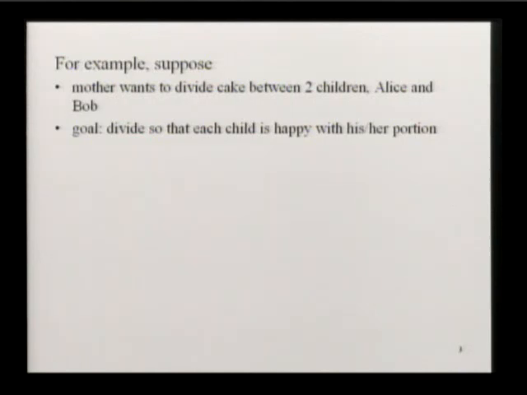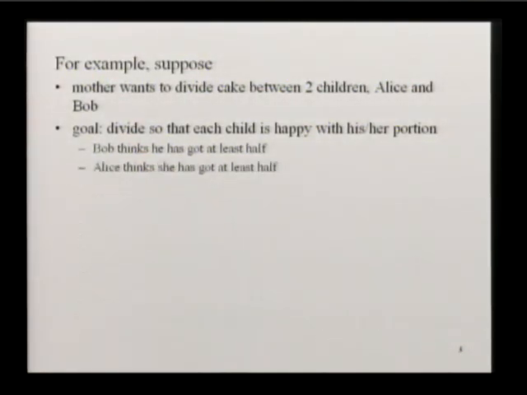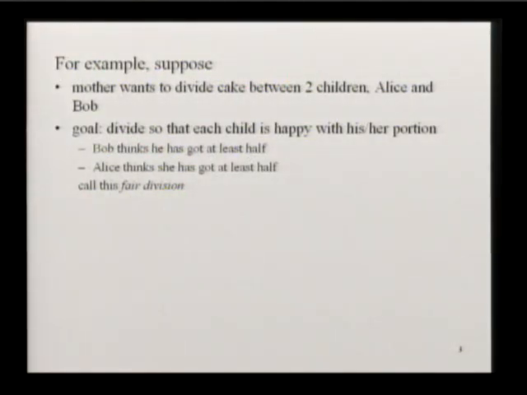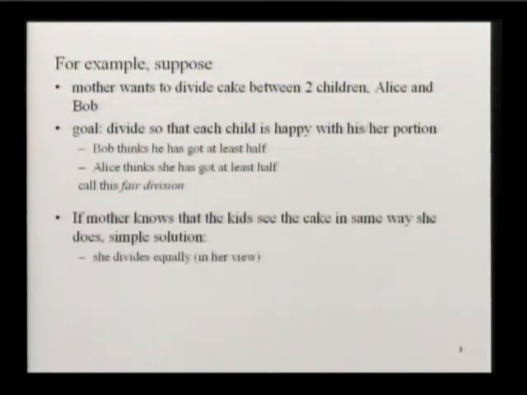It makes your life miserable if one child is upset. So what has to be the case is that Bob should think that he's got at least half the cake, and Alice should think that she's got at least half the cake. And if this goal is accomplished, we say that we have a fair division. So that's the goal. And the question is how to achieve this goal.